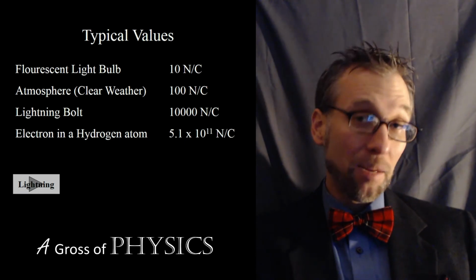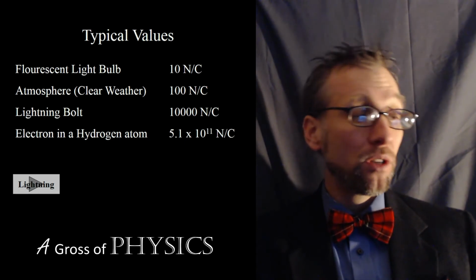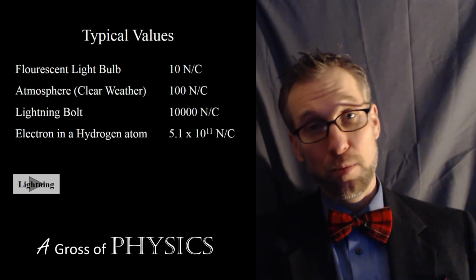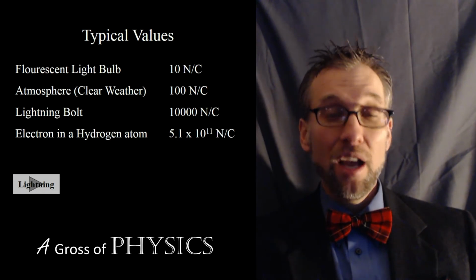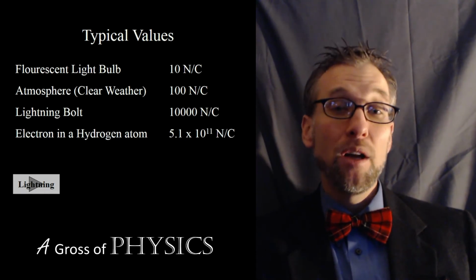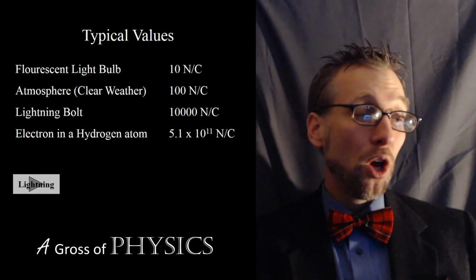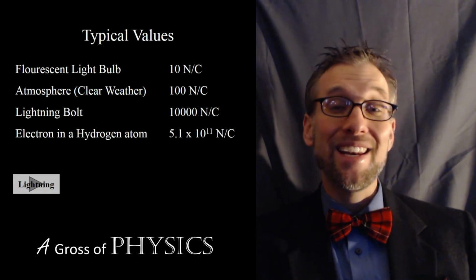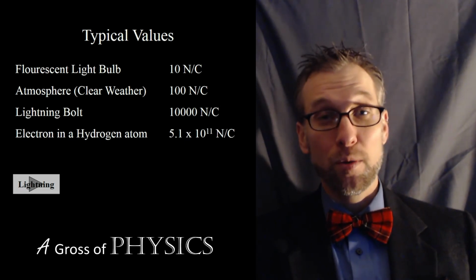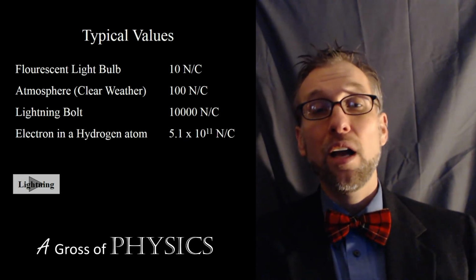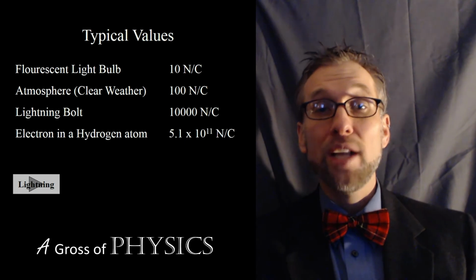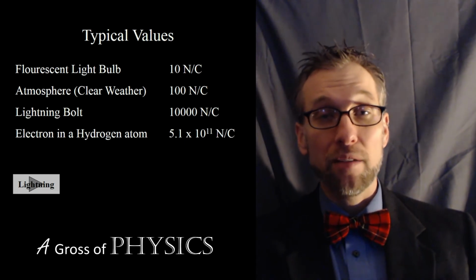If there's a lightning bolt around, that may produce an electric field around 10,000 newtons per coulomb. If we take it to a much smaller scale, an electron in a hydrogen atom will experience an electric field of around 5.1 times 10 to the 11 newtons per coulomb. So the range of values for the electric field varies greatly depending upon the situation involved.